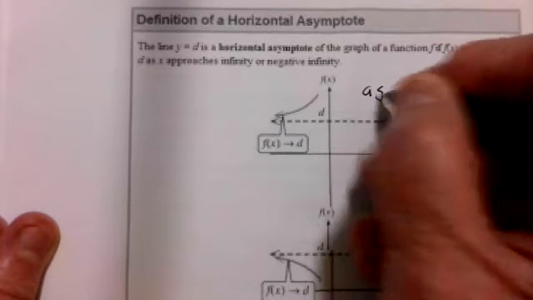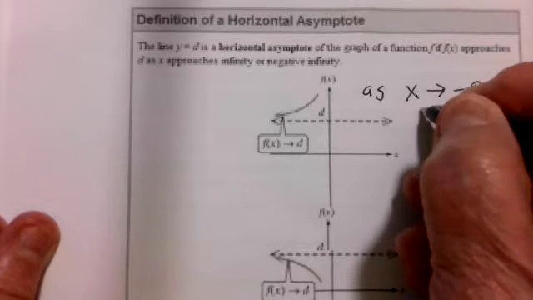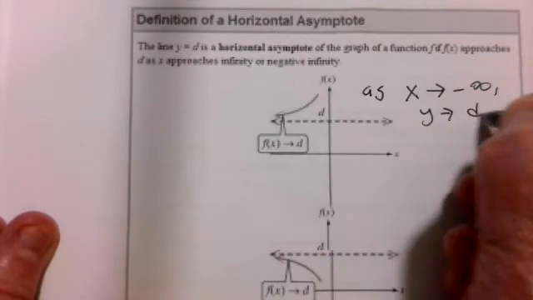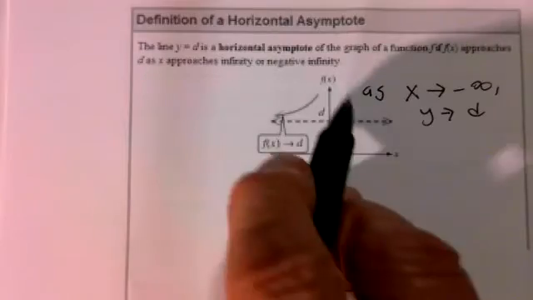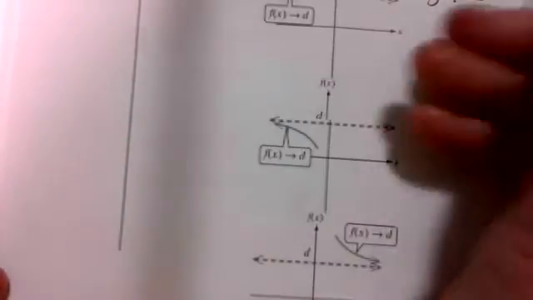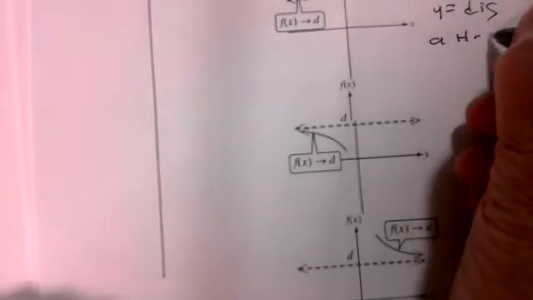So as x is going to negative infinity, the y is approaching D. That's what's happening right here. So we're either going to be going out to negative infinity or to positive infinity. And y equals D is a horizontal asymptote.